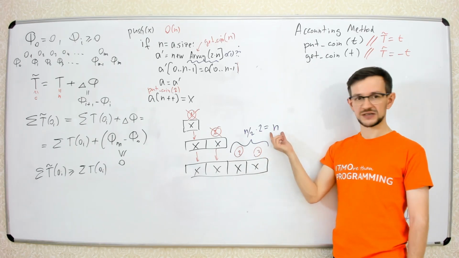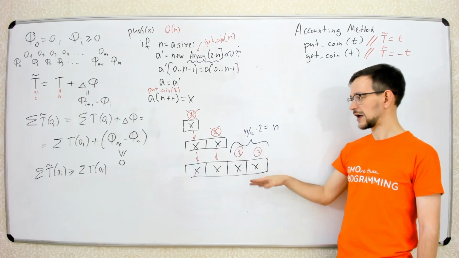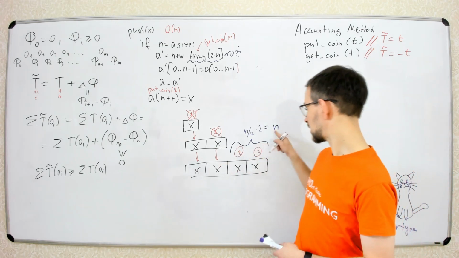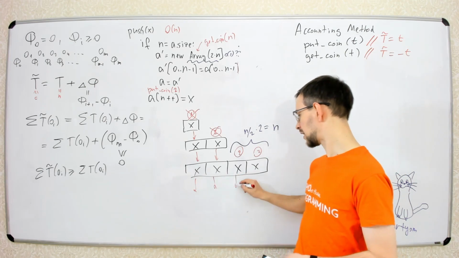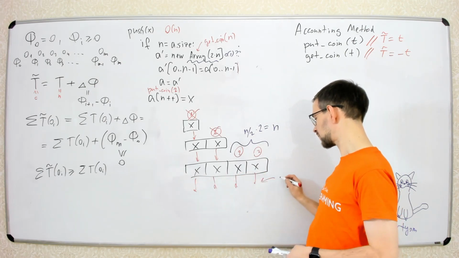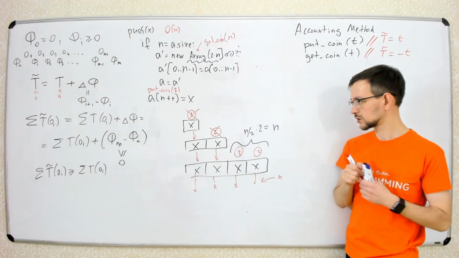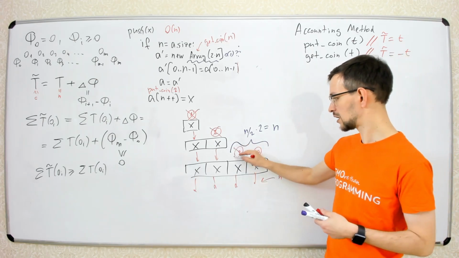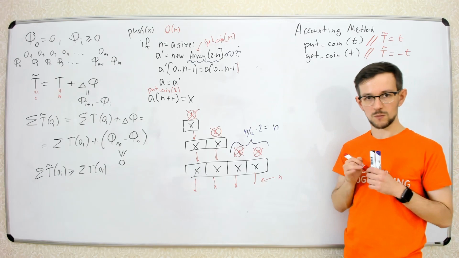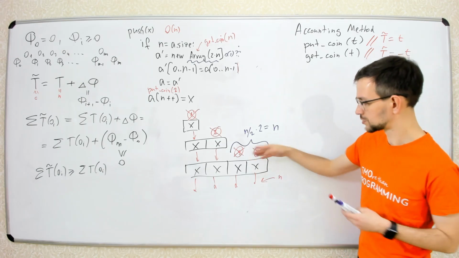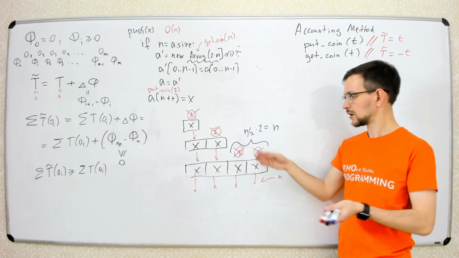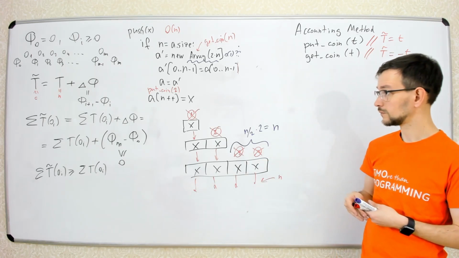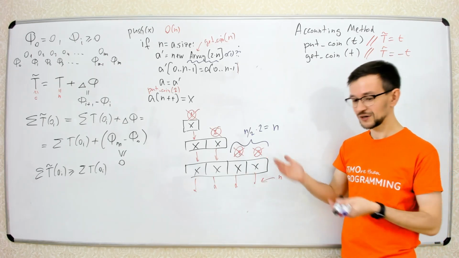We just take this n time and use this n time to copy elements to the new array. So here we have n operations, and we make these operations using these coins. So we take these coins from the bank account and use this saved time to copy elements to the new array. That's all. That's how simple it works.